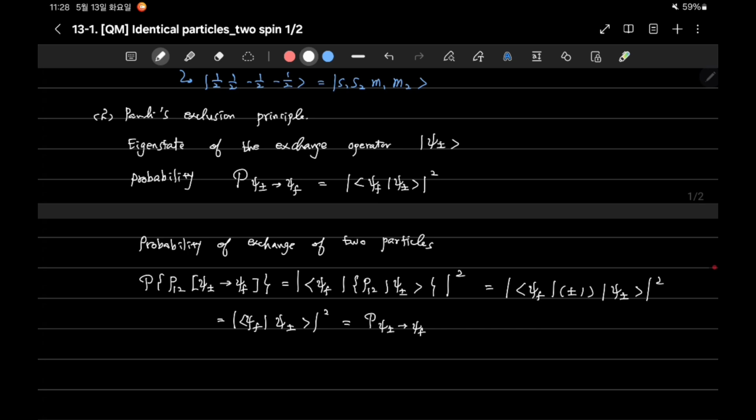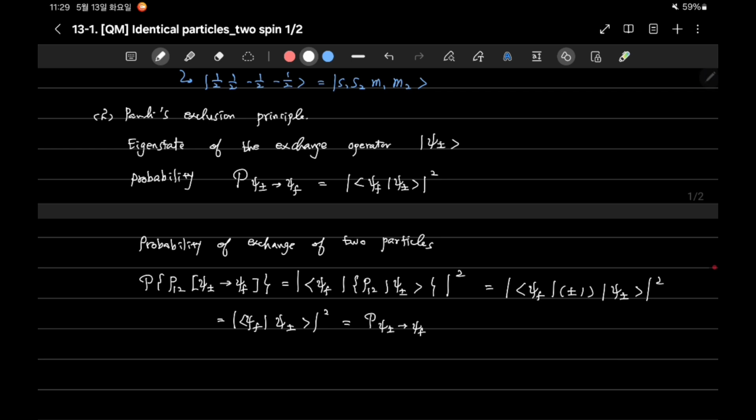And it means that in experiments we cannot distinguish between systems with identical particles exchanged. Also, by applying the two particle exchange operation, it is the same as the probability without exchange. So in experiment, we do not know whether the particles were exchanged or not. So this kind of coupled basis is a promising representation of an identical particle system.